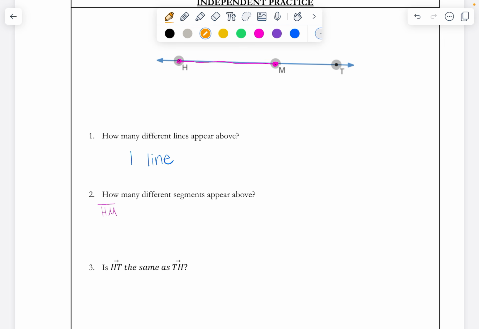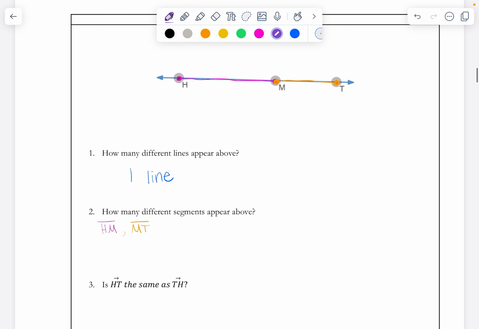Another segment I see here is MT or TM, however you wanted to name that. It's the same segment. That would be a second segment I see here. And the last one would be our longer one, H all the way to T. Or you could also do TH, however you wanted to name that.